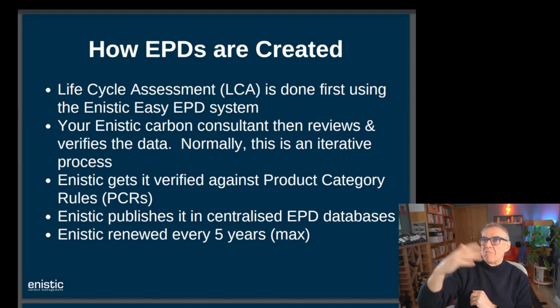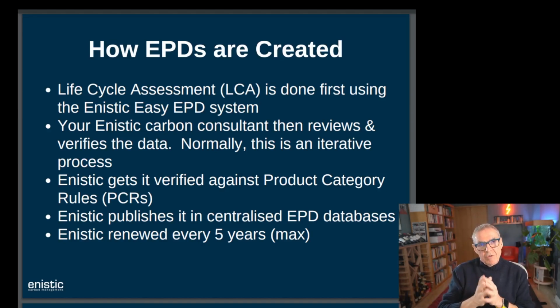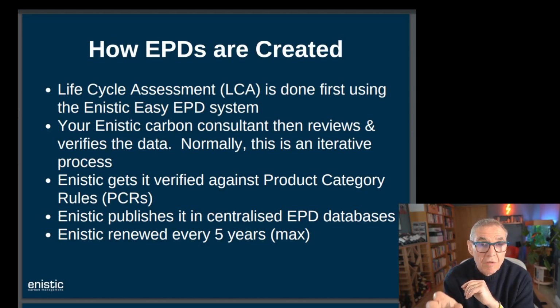It says what must be included, and sometimes how that's processed. Those ISO standards in this context are called product category rules, or PCRs. Your consultant will work with you to select the right PCR, i.e., what needs to go in and out of the LCA, and then they'll go through with you and make sure that the LCA we come up with meets the required standard of the PCR.